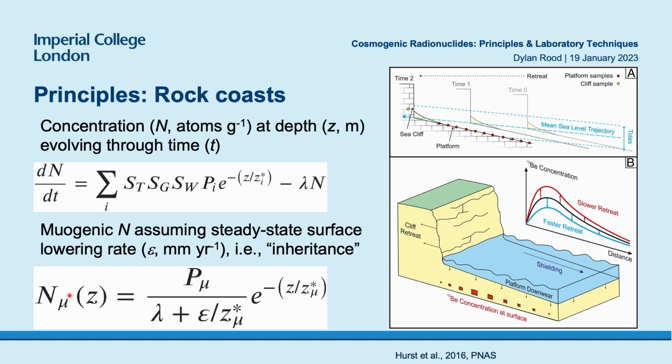Effectively this becomes a background rate, and we characterize that by collecting a sample either from the sea cliff or, in an ideal case, from a sea cave, something that's completely shielded, at a depth that is similar to the depth of the platform samples.